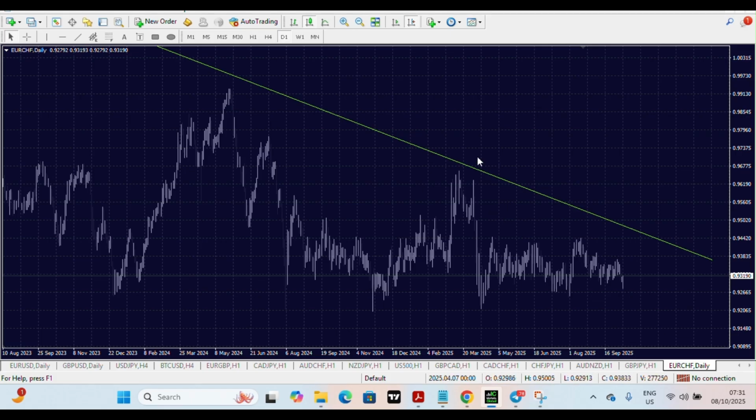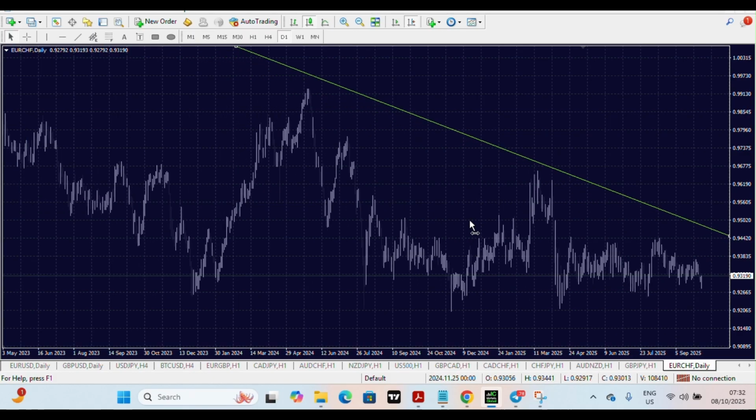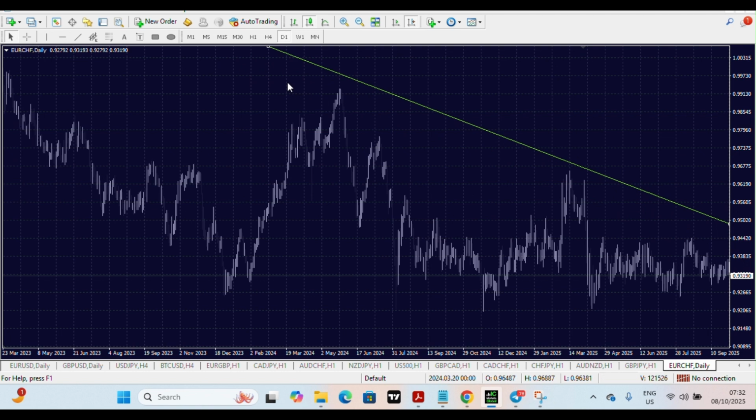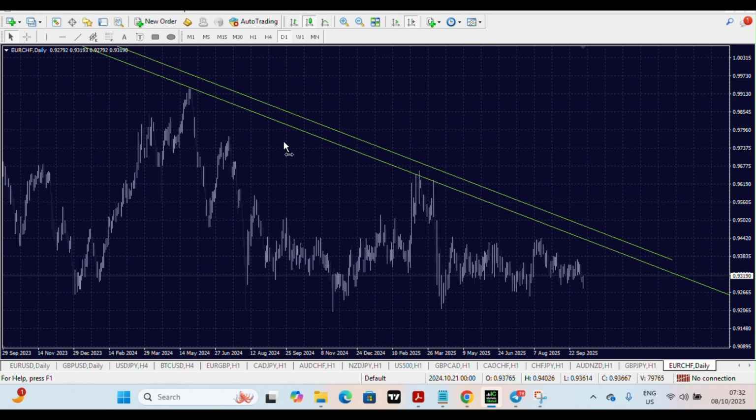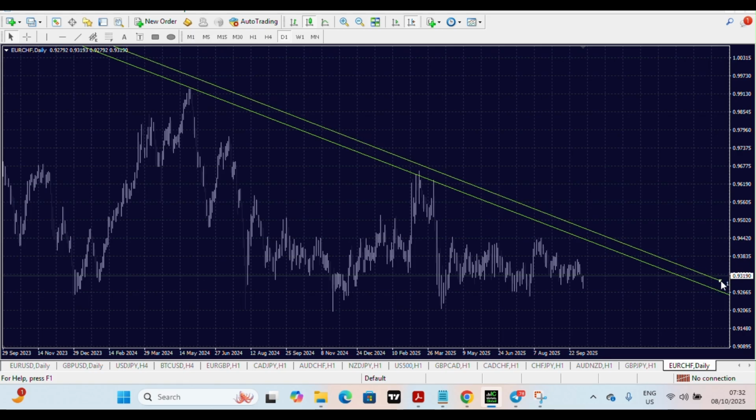So what we're going to do, we're going to add another trend line that will try to come close to this particular trend line. So what we do is that we duplicate this trend line and try to put it close again. Okay, so we've been able to create another trend line channel for price action. Okay, guys, I hope you're following me. So we're able to create this trend line.